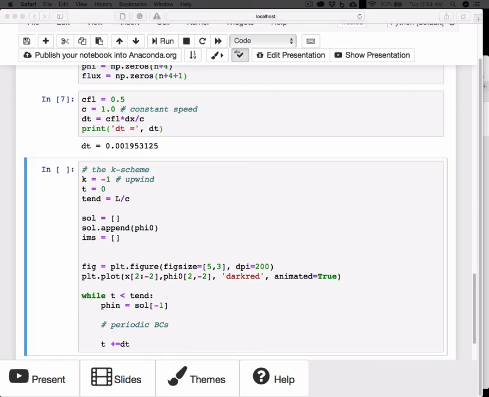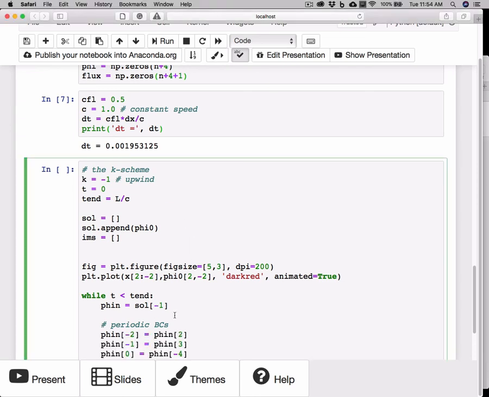Now notice the sum of all of these numbers is 4, in absolute value, because we have 4 cells. Maybe you can come up with a general formula for this. So periodic BCs, this is it.